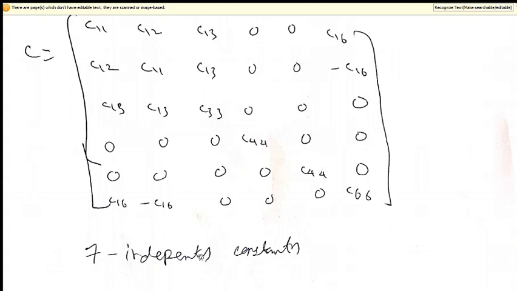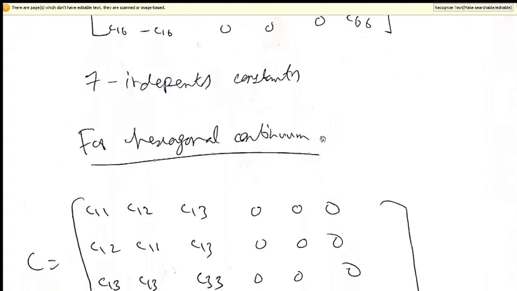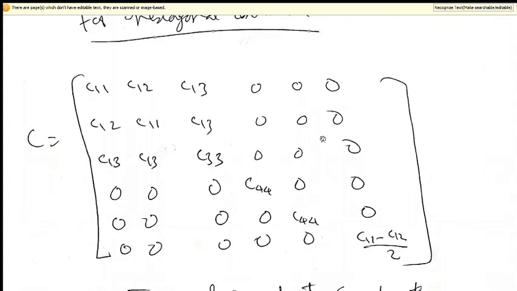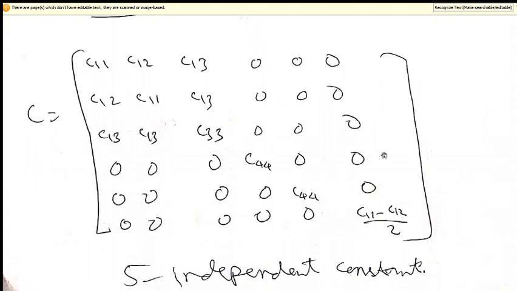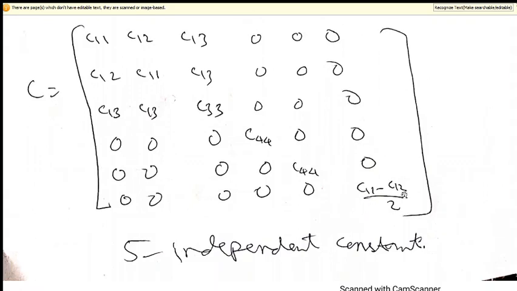This should be independent; the word is written wrong. Now for hexagonal, this is matrix C. These are 5 independent constants. You can count the number of independent components.